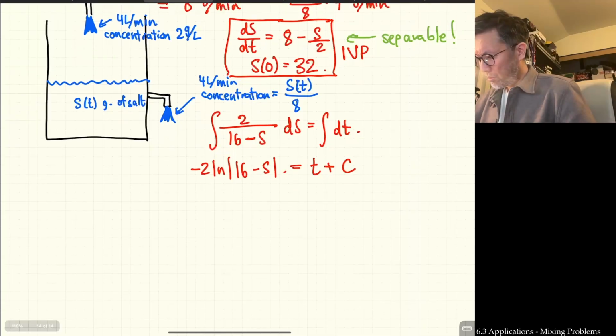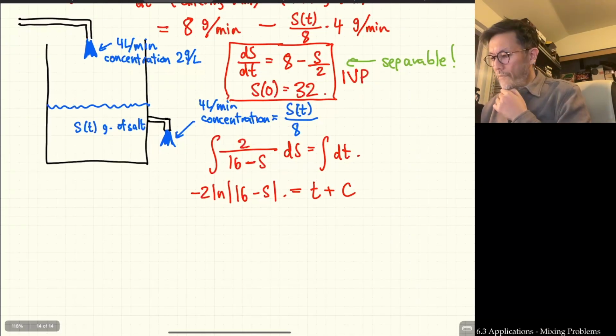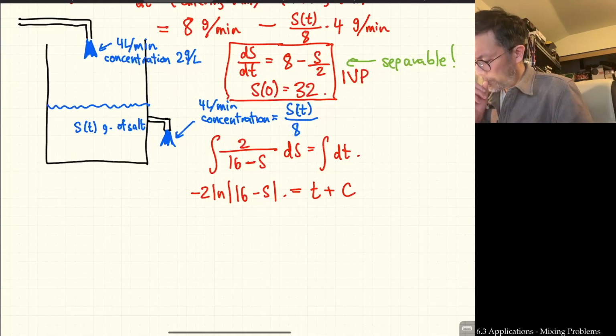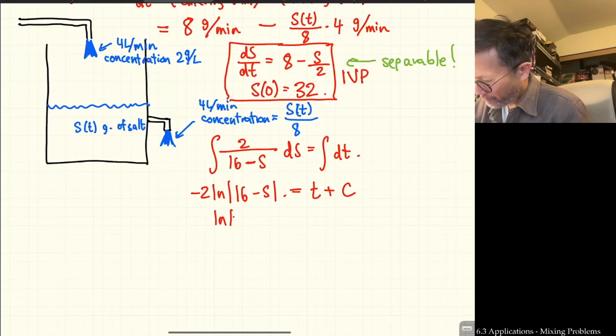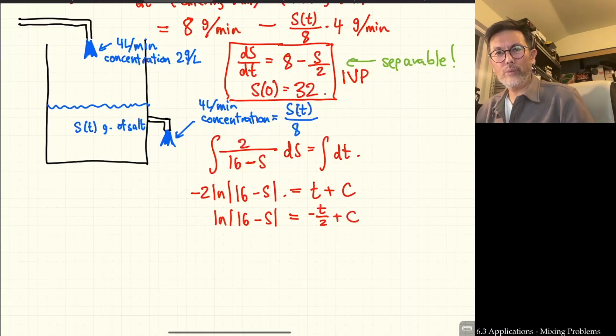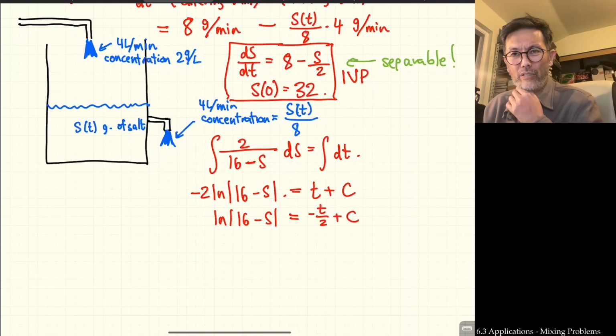Okay, cool. Now, what is c? Well, we can figure that out from the initial condition, right? Maybe what I'd prefer to do is divide both sides by -2. So I get negative t over 2. And c, there's no condition on it, so c divided by -2 is just c itself.